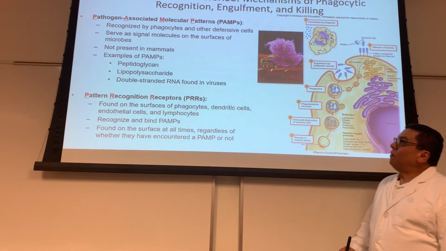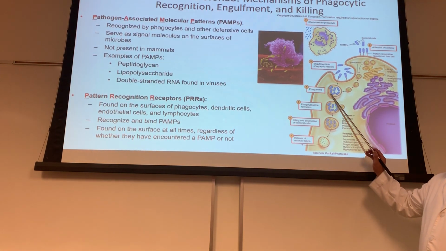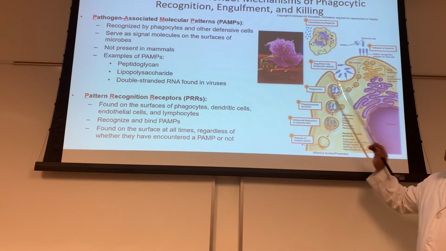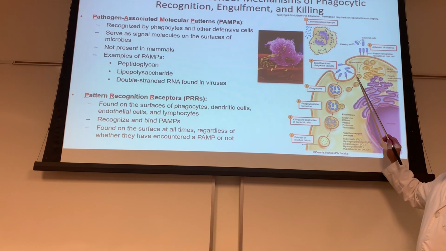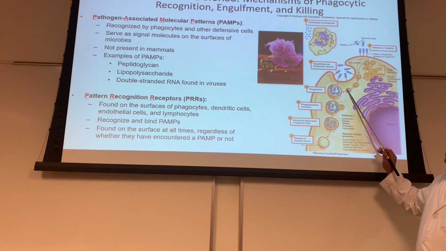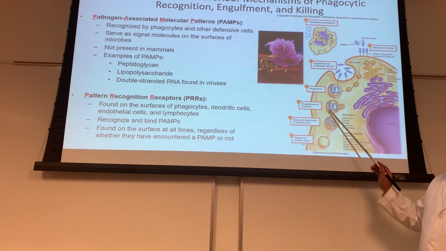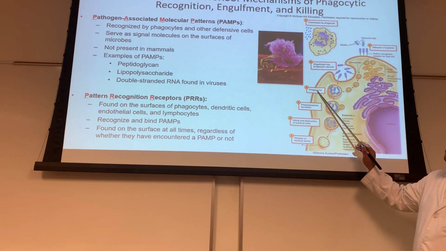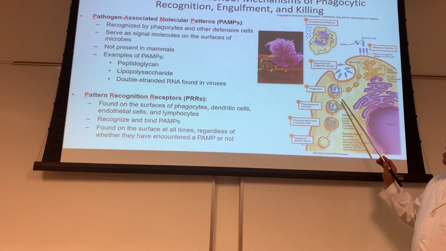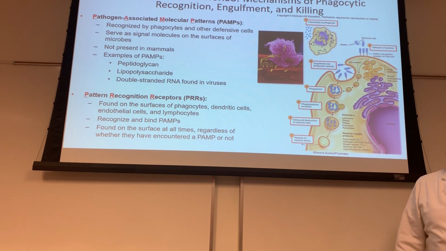Temporarily, the bacteria is now in a vacuole called the phagosome, and what's coming is the lysosome with the hydrolytic enzymes, and they're going to fuse together. When the phagosome and lysosome fuse, this structure is called the phagolysosome.